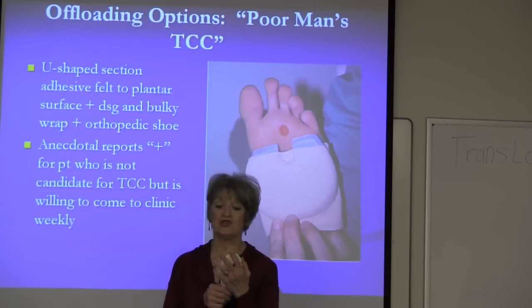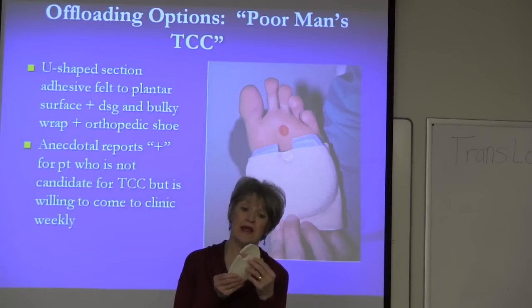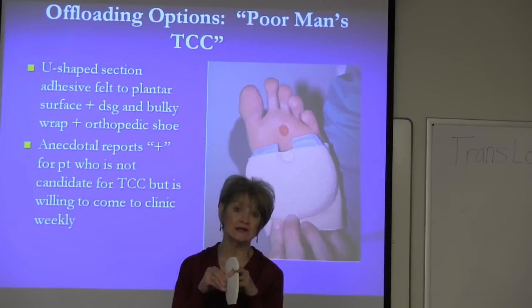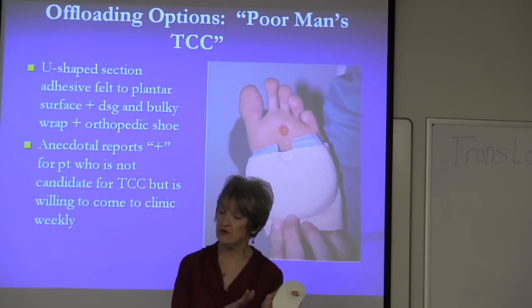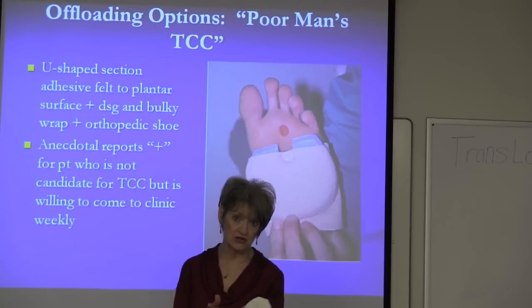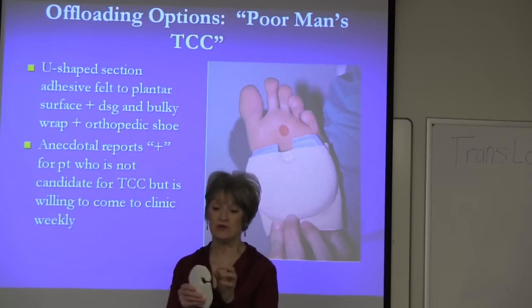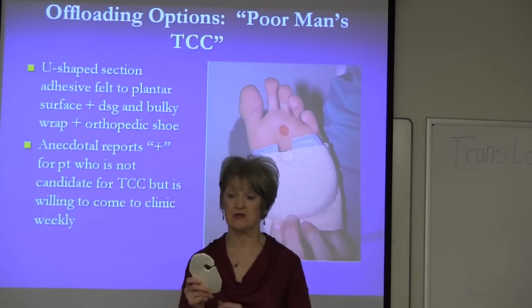Now, it started out with just anecdotal support, but now more and more is being incorporated into podium presentations and into the literature as an alternative for a patient who, for one reason or another, is not a candidate for a total contact cast or removable cast walker, usually cost issues, but who is willing to come back to clinic weekly. And this is what you do, and we'll practice this when you're on site.